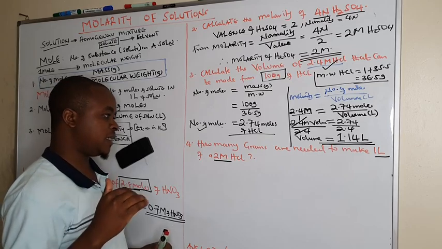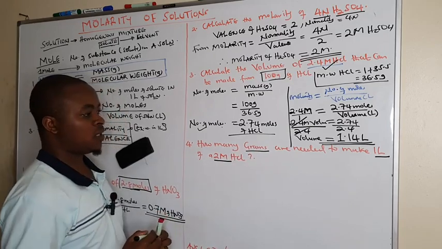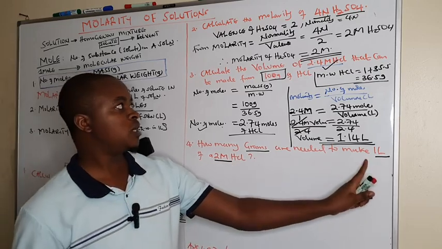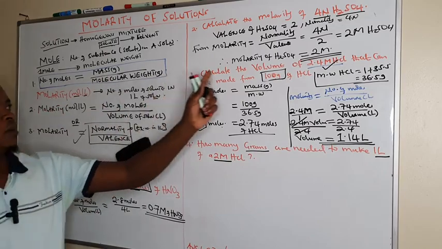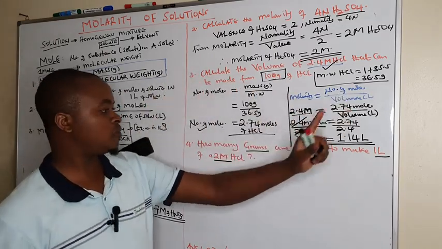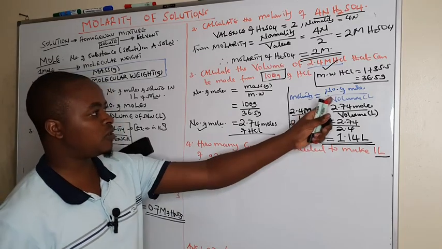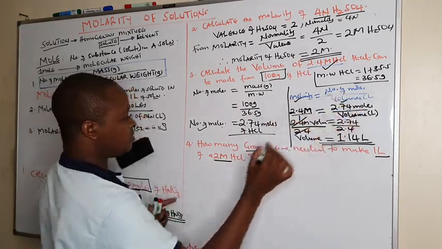We are given molarity, and they want you to calculate grams. Since I have molarity and I have volume, I can easily use this formula, which says molarity is equal to number of moles divided by volume.